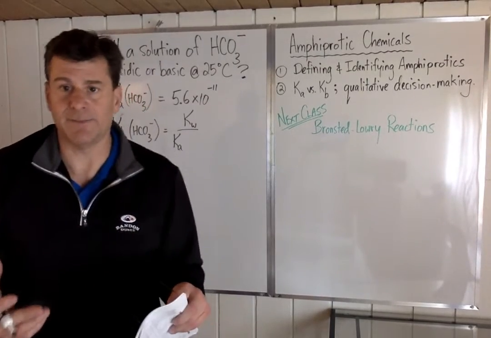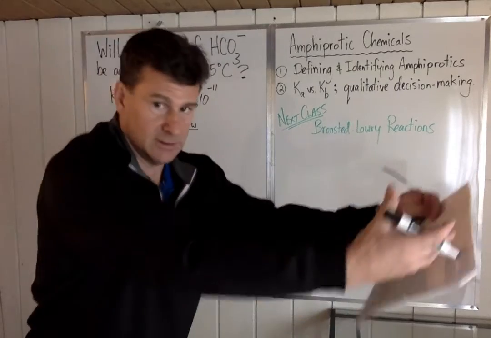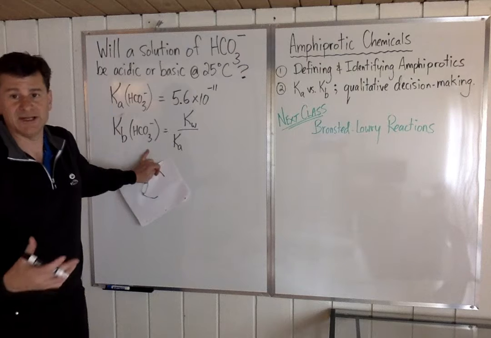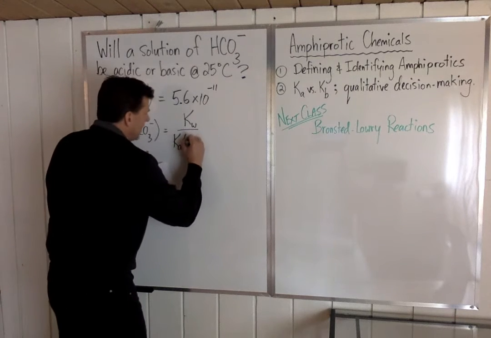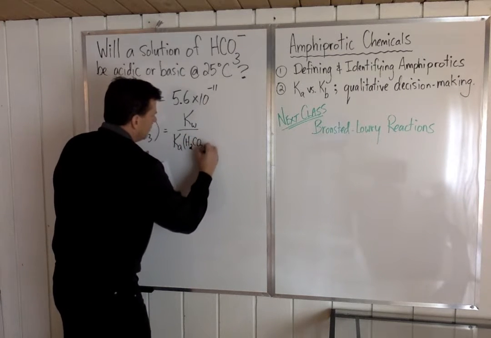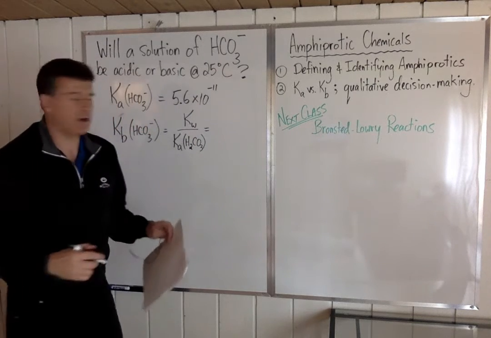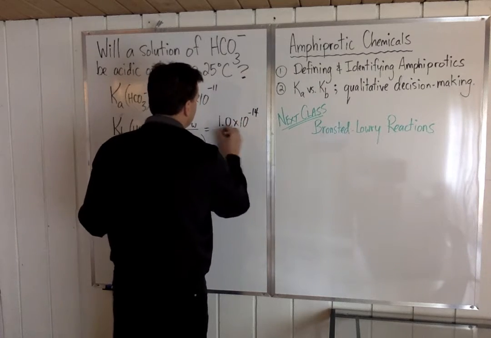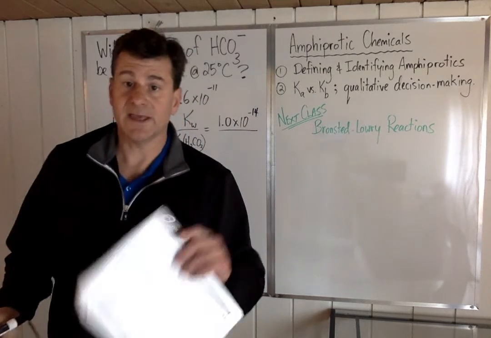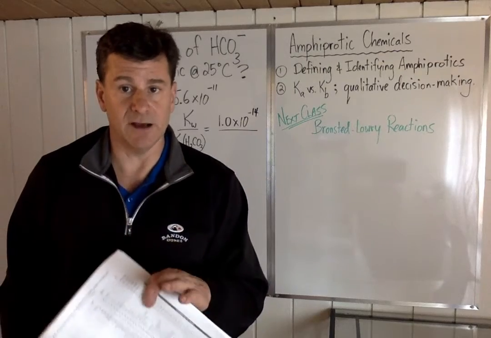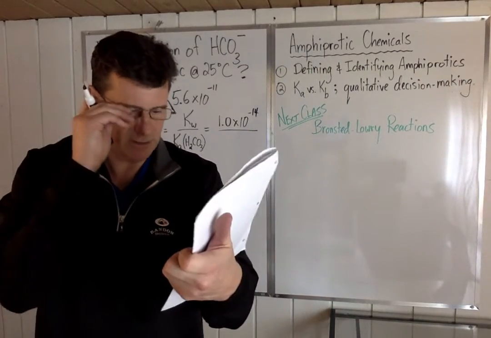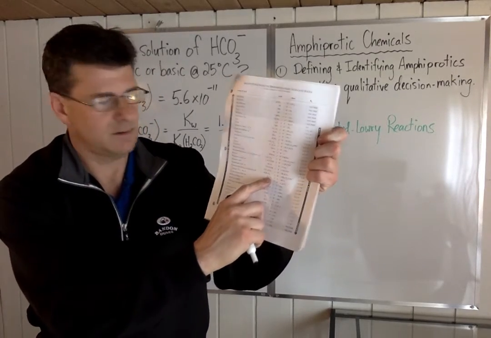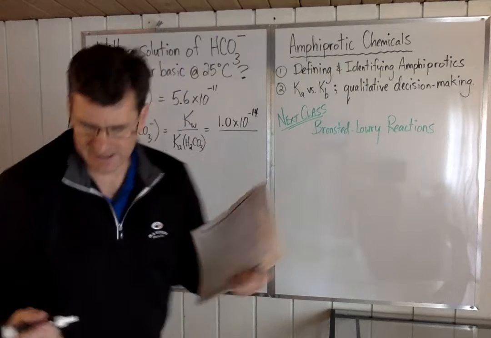If it acted as a base, it would pick up an H and form something. So if HCO3 minus picked up an H, it would form H2CO3. So its conjugate acid is H2CO3, which is on the table. So 1.0 times 10 to the negative 14 is Kw, and then the Ka, not of itself, of its conjugate, H2CO3, is right here, and it is 4.3 times 10 to the negative 7.